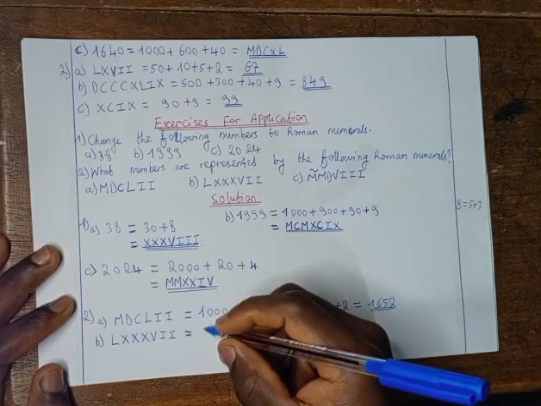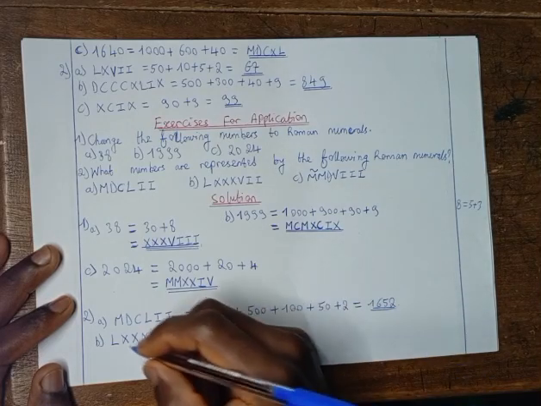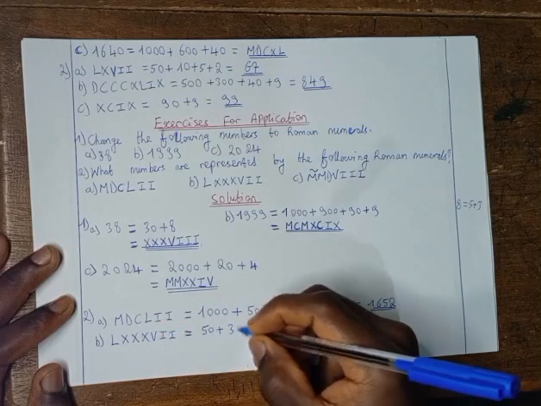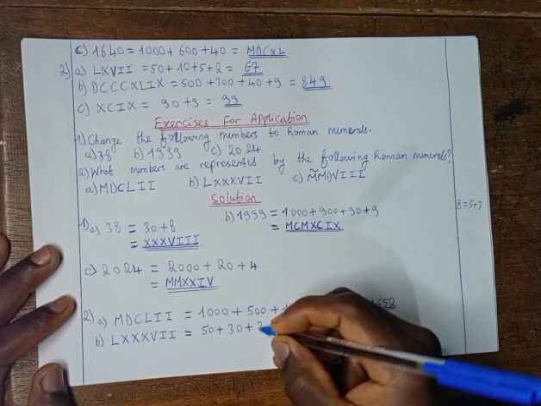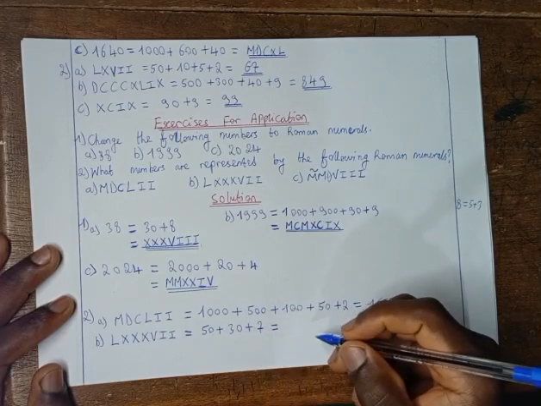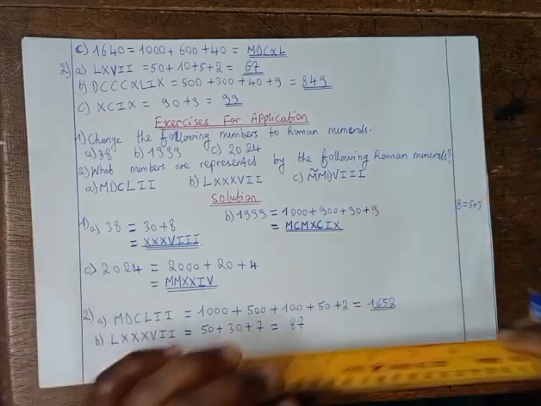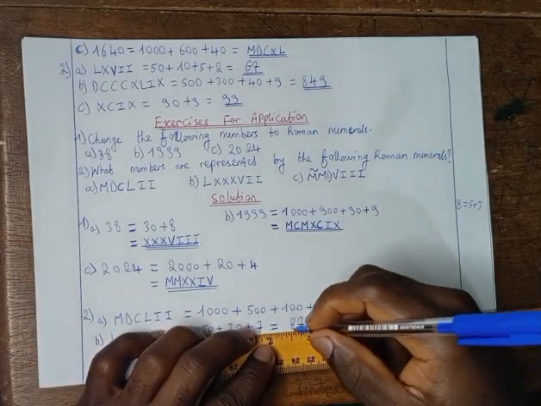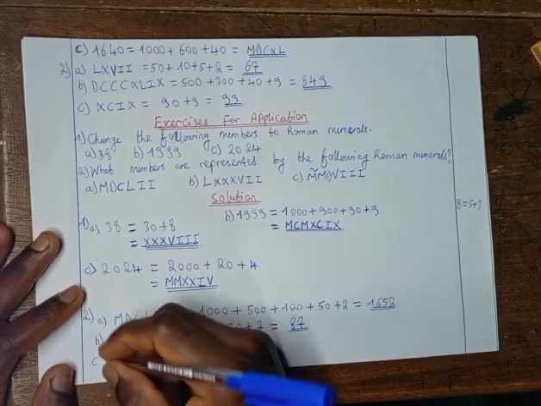L represents the number 50 plus XXX represents the number 30 plus VII represents the number 7. This will give us 50 plus 30, which is 80. 80 plus 7 gives us 87. We are done with B. Next, we go to C.